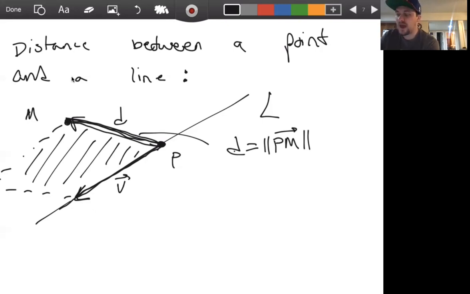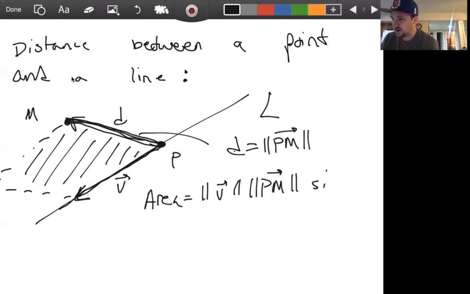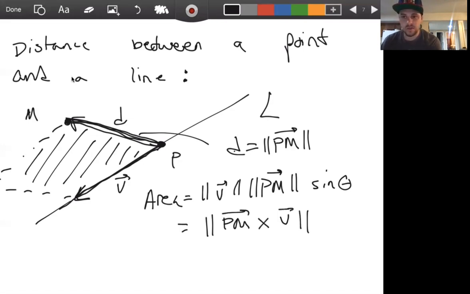And so we know that the area is going to be the magnitude of v times the magnitude of PM sine theta, which is the magnitude of the cross product of the vector PM cross v. Remember in the last video about the cross product, we learned a property of the cross product is that the magnitude is the area of this parallelogram here.